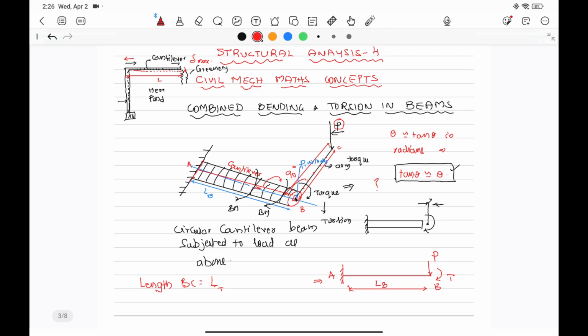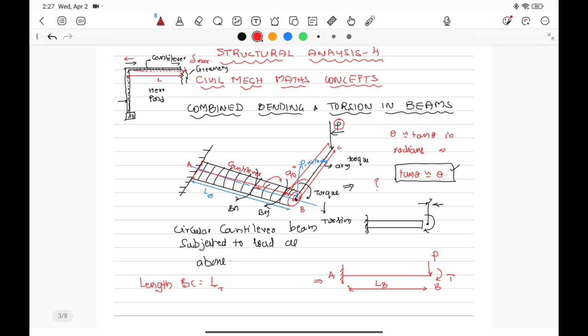Then what will be the effect of that load on the cantilever beam, due to the application of a load just vertical to the cantilever, but applied at a distance of BC from the cantilever on a lever which is connected to the free end of the cantilever?